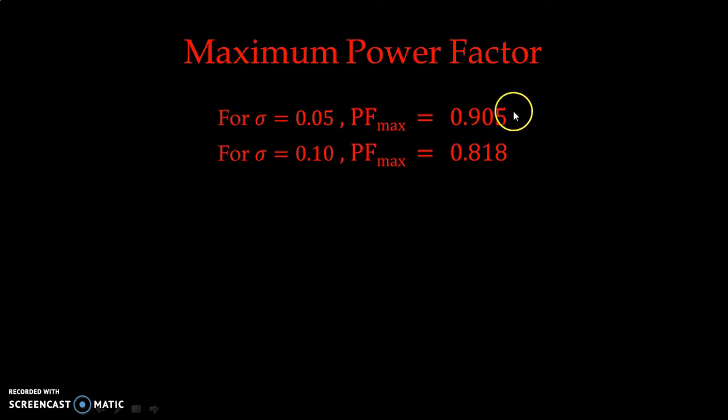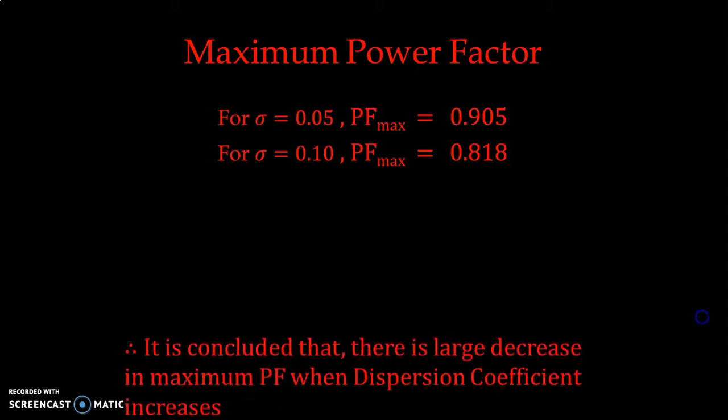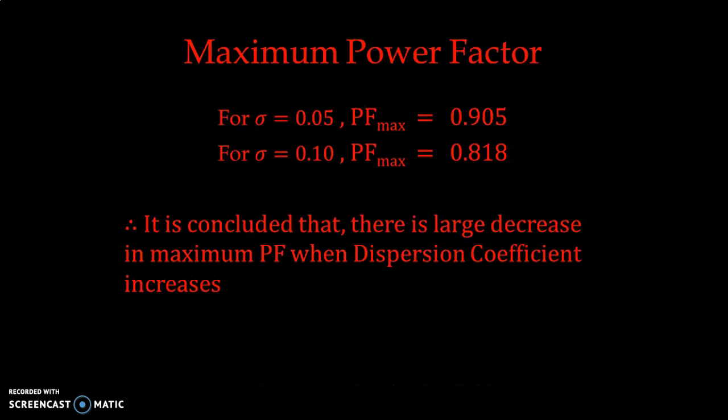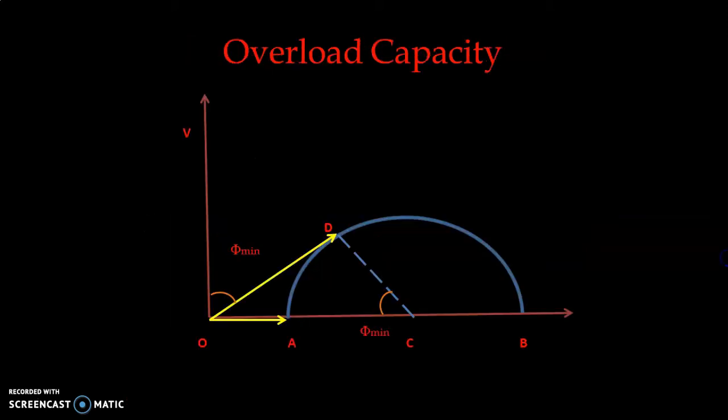See, here we can see the difference, 0.90 to 0.81. So there is a significant decrement in maximum power factor when we double our dispersion coefficient. So it can be concluded that there is a large decrease in maximum power factor when dispersion coefficient increases.